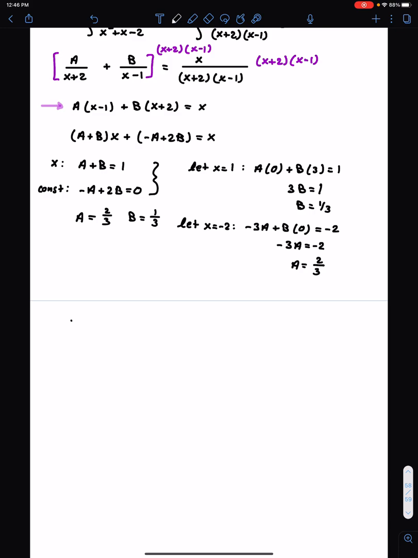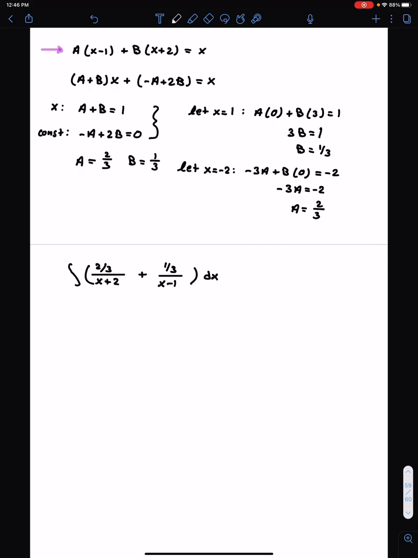So the integral becomes a over x plus 2. So 2/3 divided by x plus 2 plus b over x minus 1. So plus 1/3 divided by x minus 1 dx.